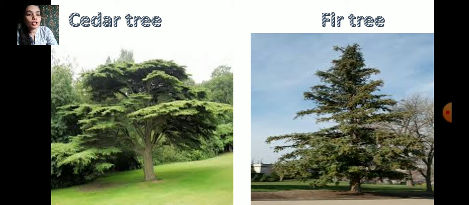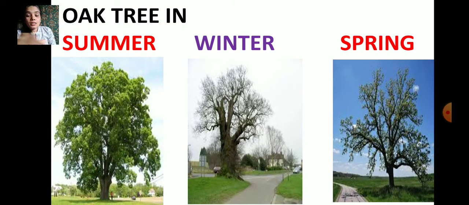And we also learned about the oak tree and maple tree, birch tree, and the beech trees. They all shed their leaves in winter to protect themselves from the cold. Can you see any leaves here?